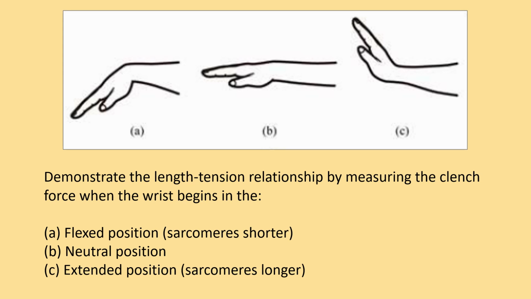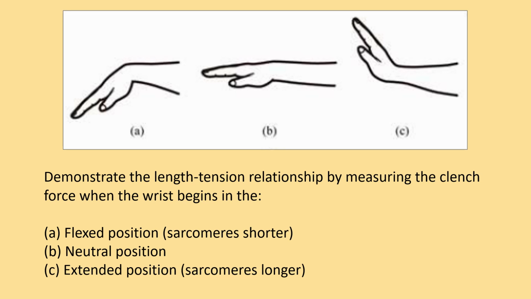Okay, so that is when your wrist is in the neutral position. Next, take your hand and put it in position A. Before you make a fist, think about what's happening to the length of the muscles in your forearm. Those flexors in your forearm are getting shorter, right?